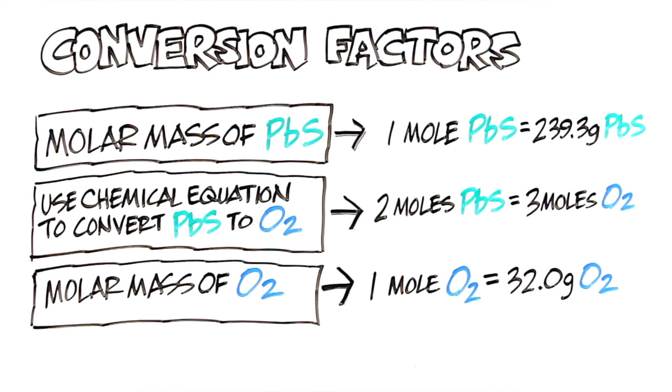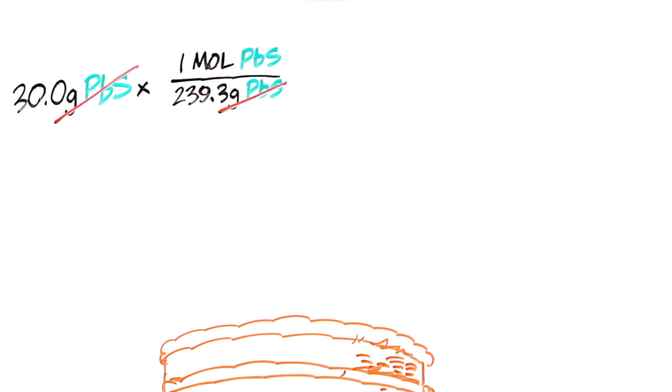With these conversion factors, let's use dimensional analysis to find the answer to part B. Starting with 30.0 grams of lead-2 sulfide, we use the molar mass of lead-2 sulfide to write the first conversion factor as 1 mole of lead-2 sulfide over 239.3 grams of lead-2 sulfide, so the grams will cancel out.